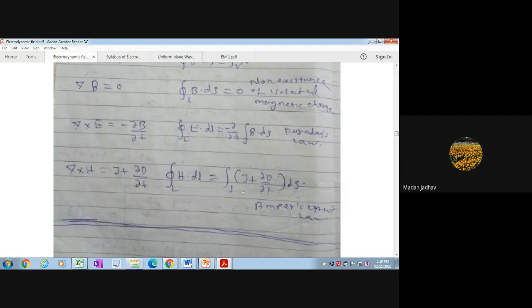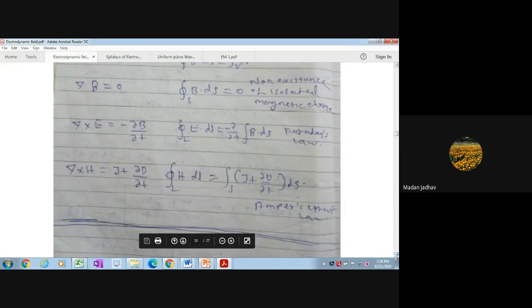If the conduction and displacement current densities are known, or if you know the magnetic field intensity, you can find the total current flowing through the conductor.